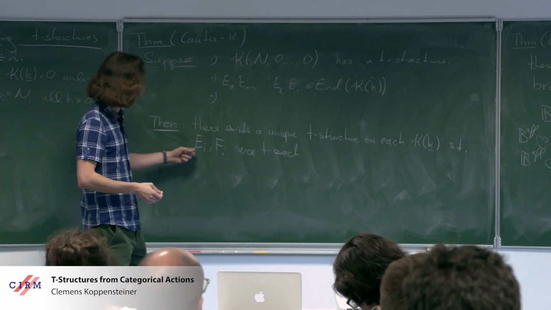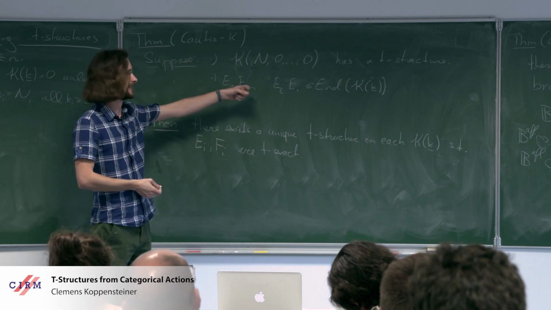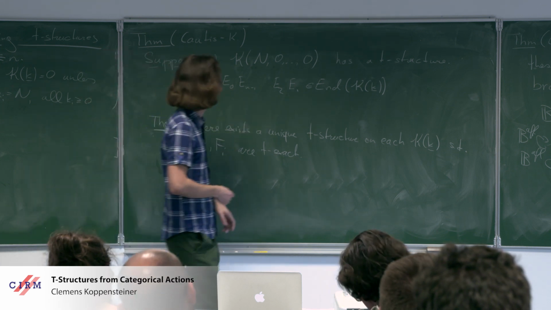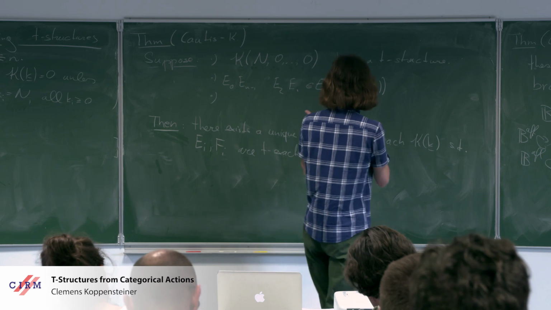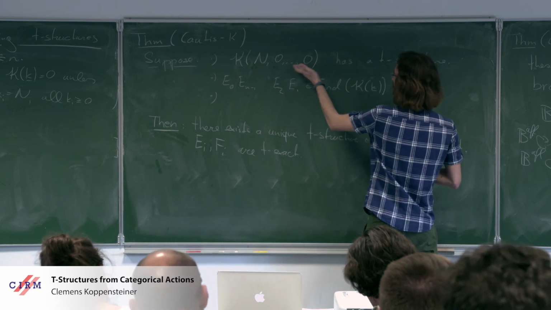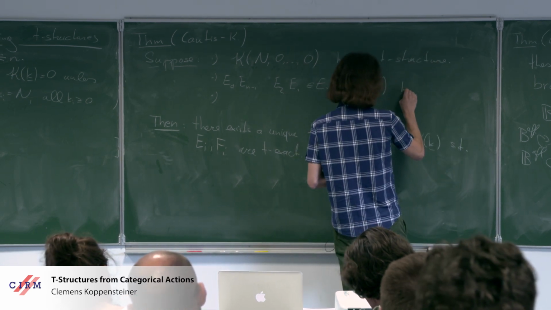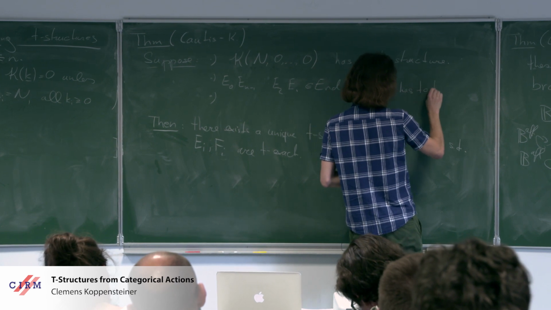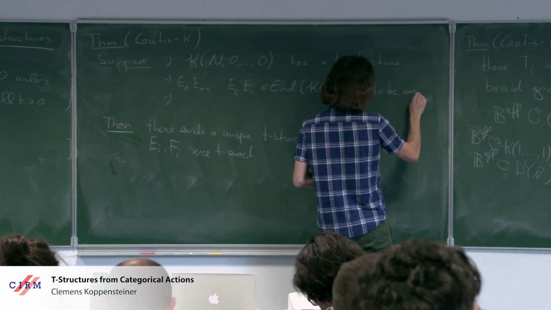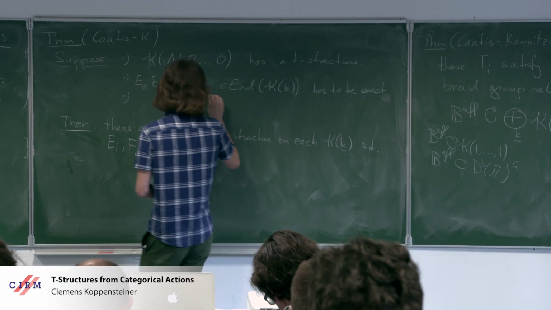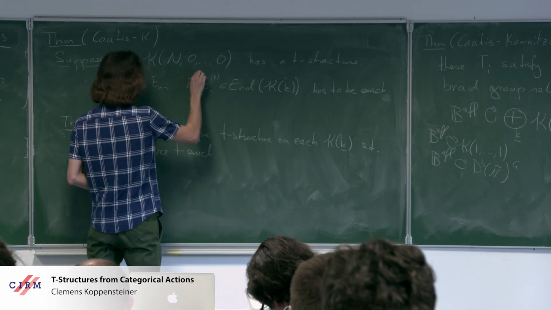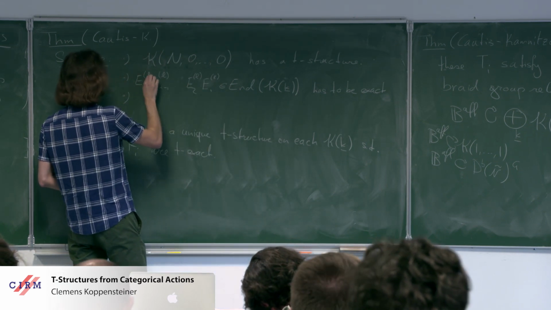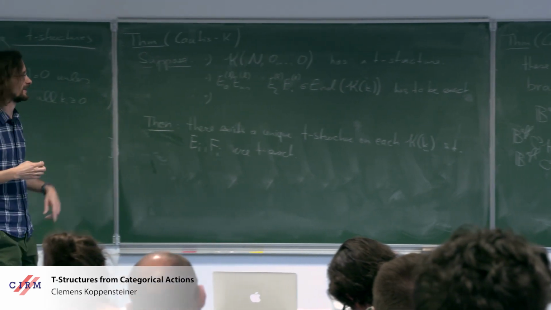And obviously, if all the EIs have to be exact, that thing at least has to be exact. So that's the simplest thing that we can write down that has something to do with this category. So this has to be exact. And more specifically, it has to be exact for all powers and for the corresponding things with Fs too.